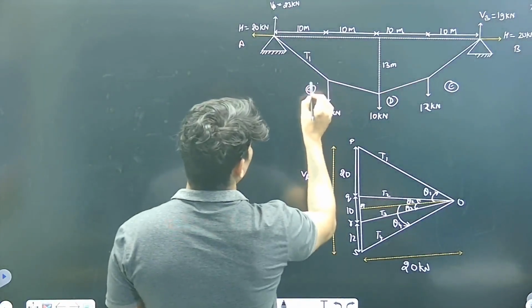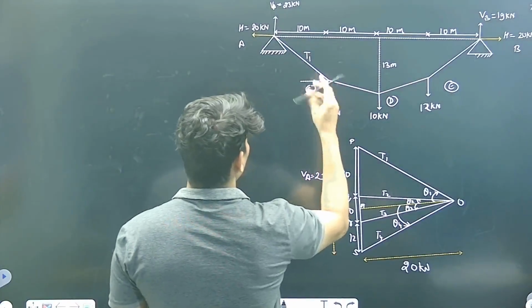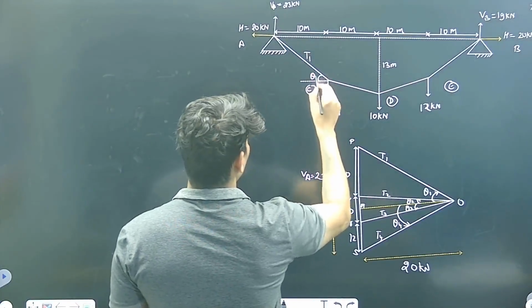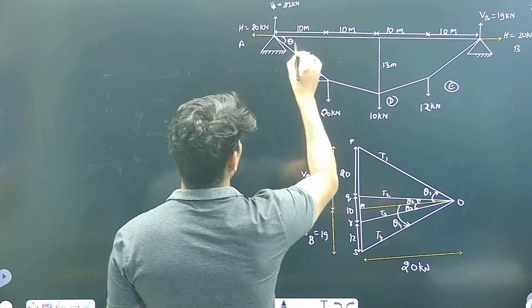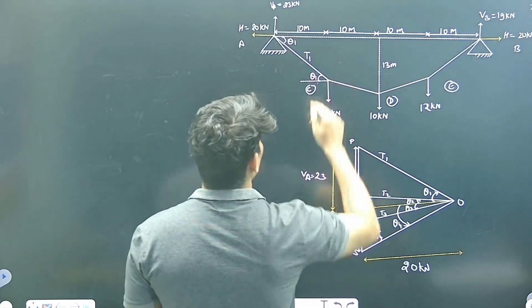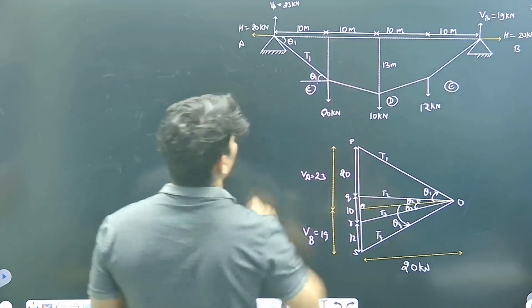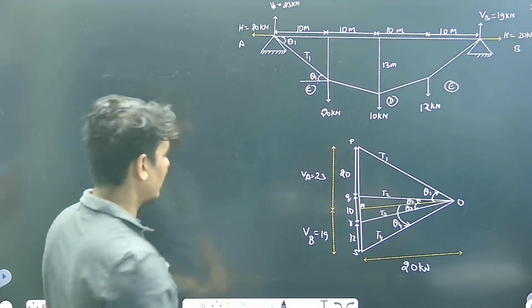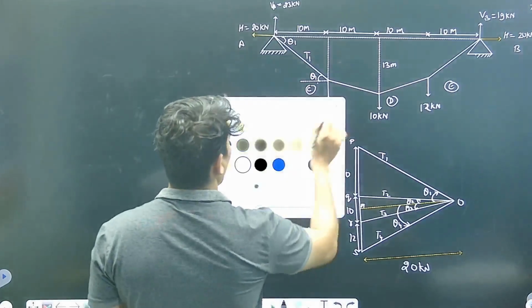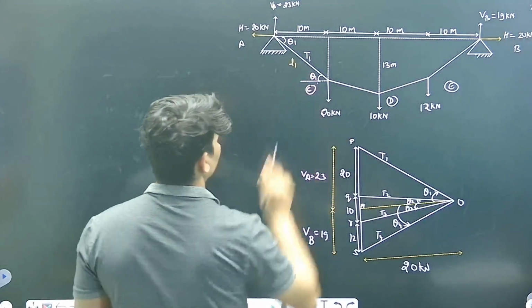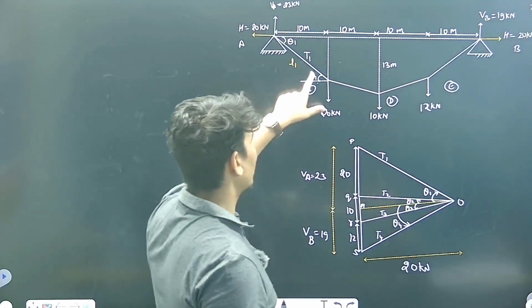So here, this is the angle theta 1 made with the horizontal, the theta 1. Right. What I want, this length L1. What is L1? Yes. So two things is to be calculated now.